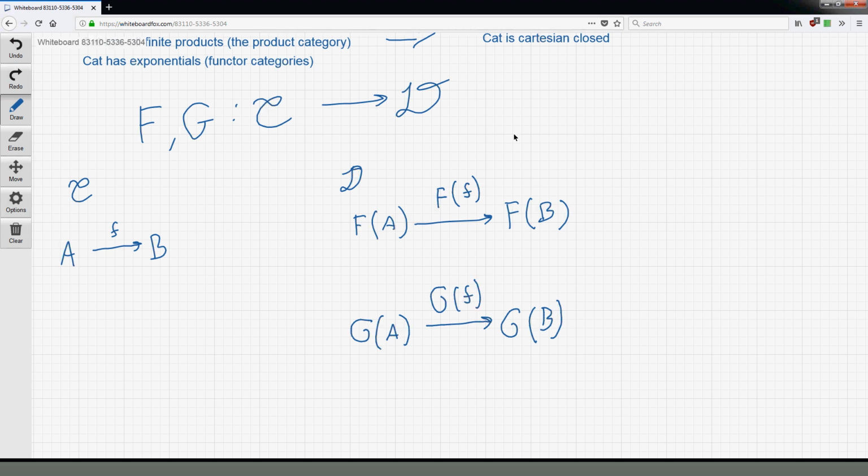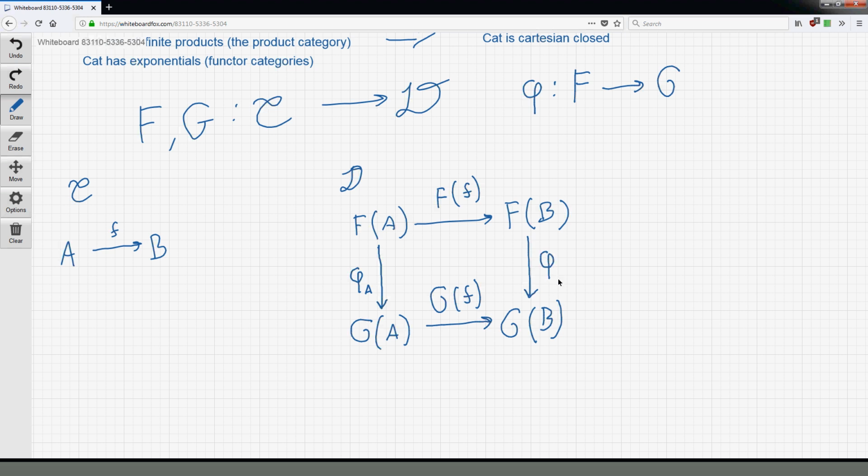All right, so a natural transformation, and we use lowercase Greek letters to denote natural transformations. So a natural transformation from F to G here is actually a family of morphisms in D, which are indexed by the object of C. So for every object in C, and there could be more than just A and B here, but we're just looking at these two for this example, we have a corresponding morphism in D. So this is the A component of our natural transformation, phi A, and here's the B component.